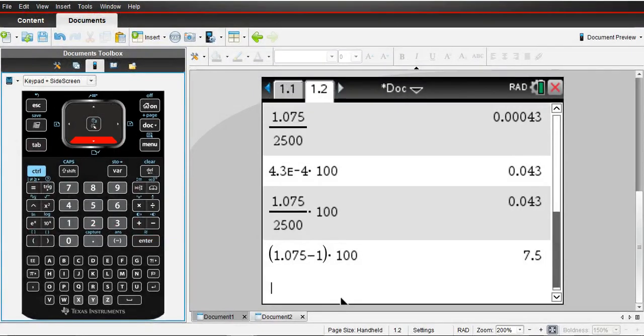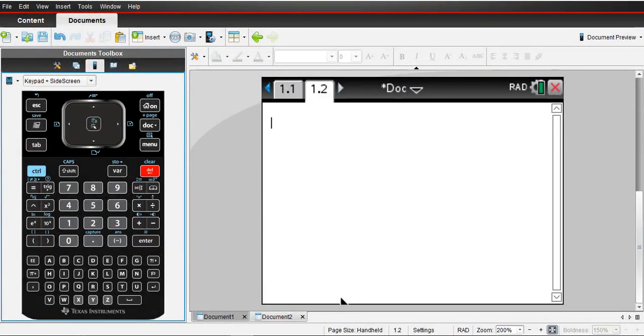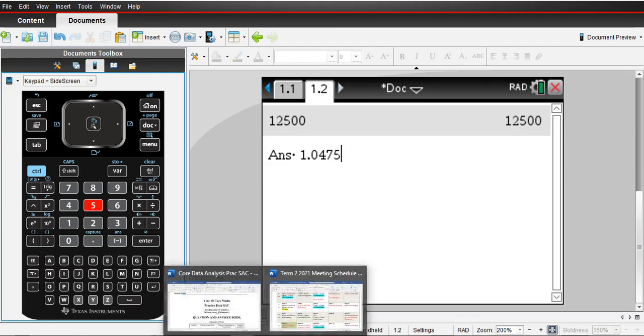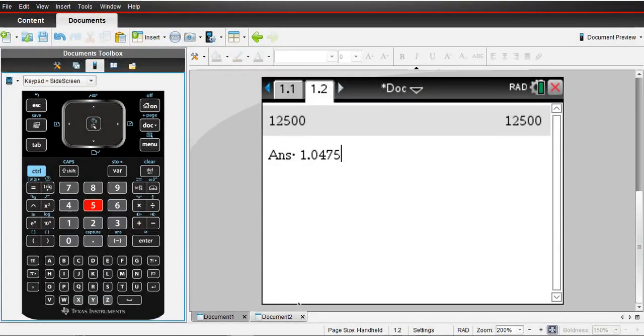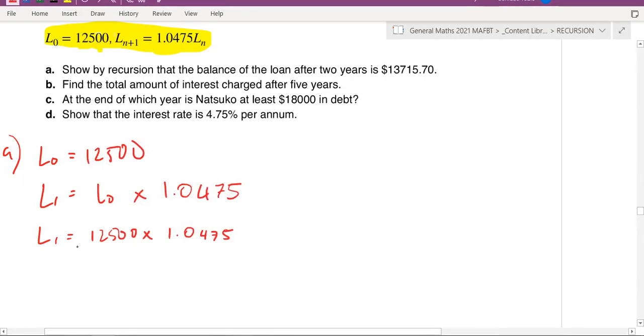I'm just going to work that out recursively here already. So 12,500, term 1.0475. Yep, so there's term 1, 13,093.8.